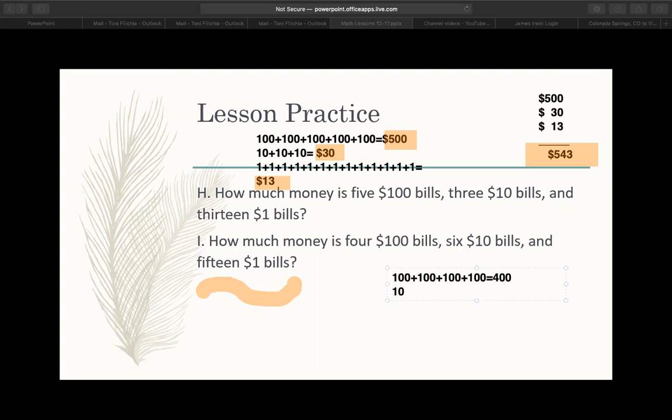Next, 6 $10 bills equal 60. And 15 $1 bills is $15. Making sure we label.